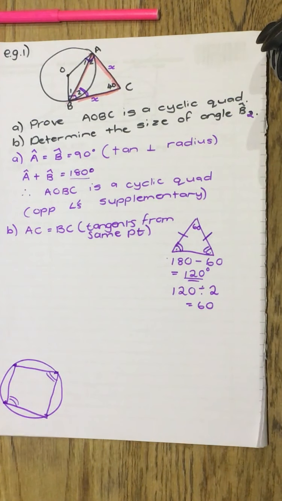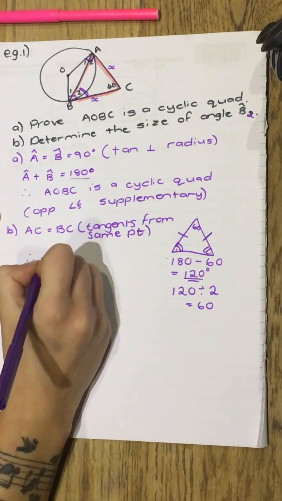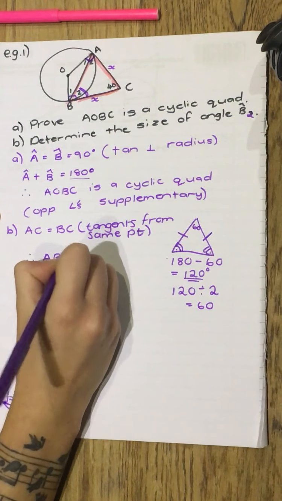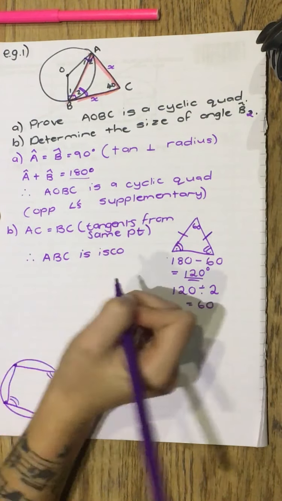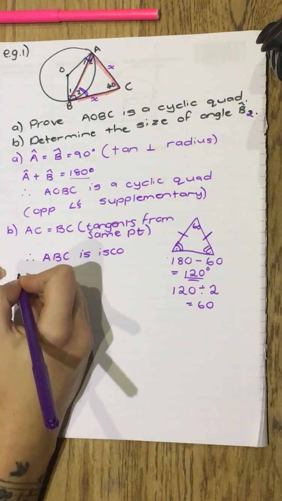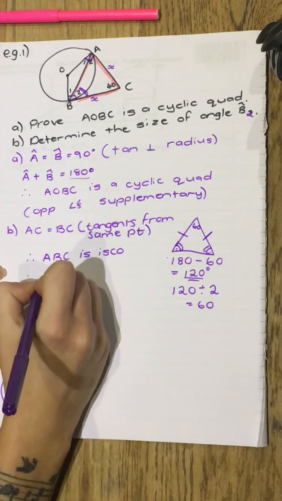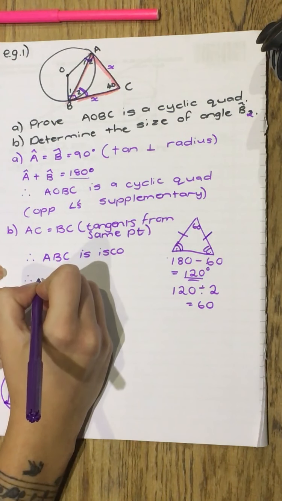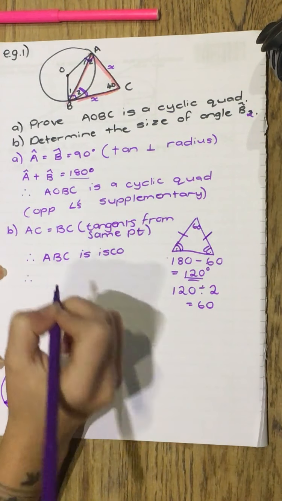Okay, now what I'm going to write in is therefore ABC is isosceles. And then what we're going to say is, therefore, let's say angle A. Yeah, let's write it like this.